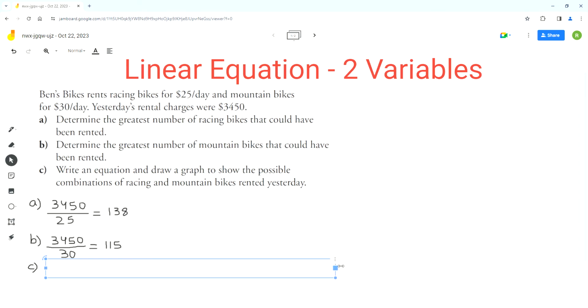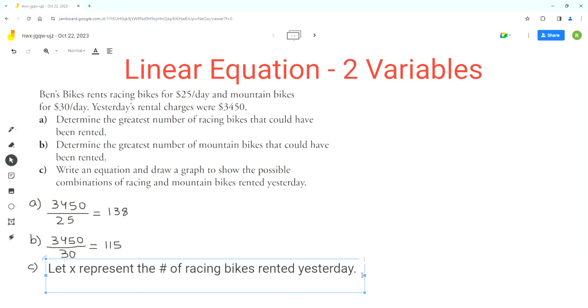So our first let statement will be let x represent the number of racing bikes rented yesterday, and the other variable will be for the number of mountain bikes rented yesterday. So let y represent the number of mountain bikes rented yesterday.